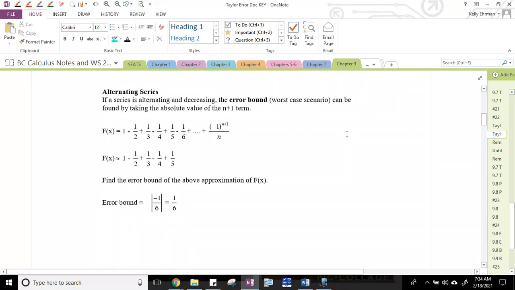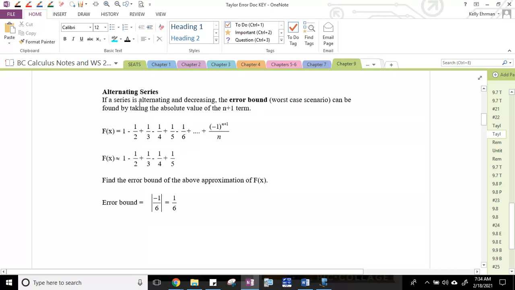Okay, so previously we talked about alternating series. Alternating series do show up in free response questions on the BC test pretty frequently, and they're kind of nice to have. I think they're the easier problems to think about now that we've talked about Lagrange error.